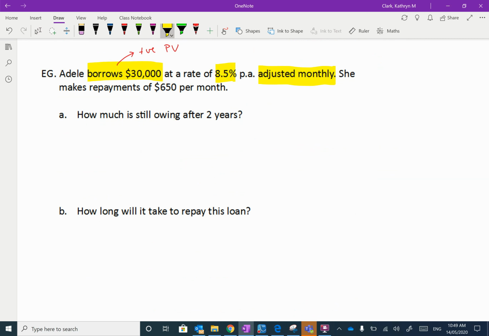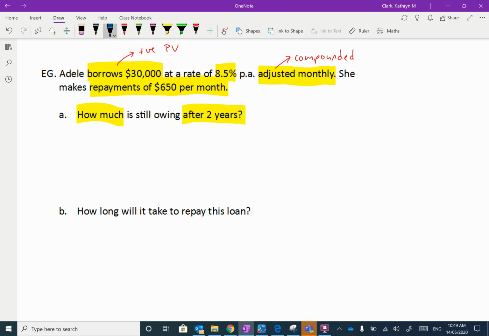Now, adjusted monthly is the same as compounded monthly. It's just different bank terminology. She's going to make payments of $650 per month, and we want to know how much is still owing after 2 years.